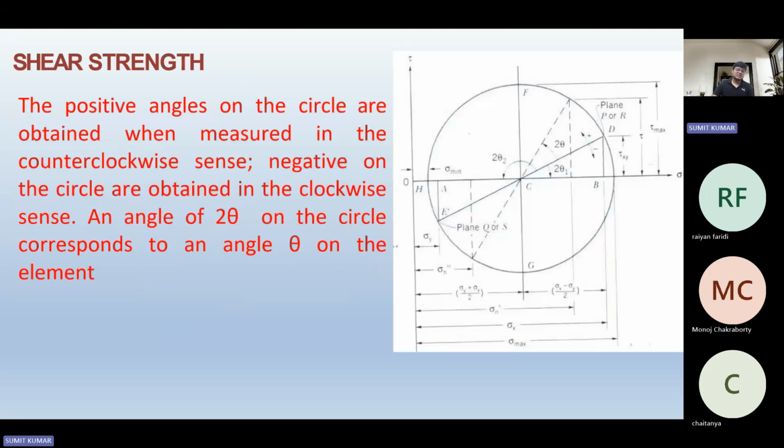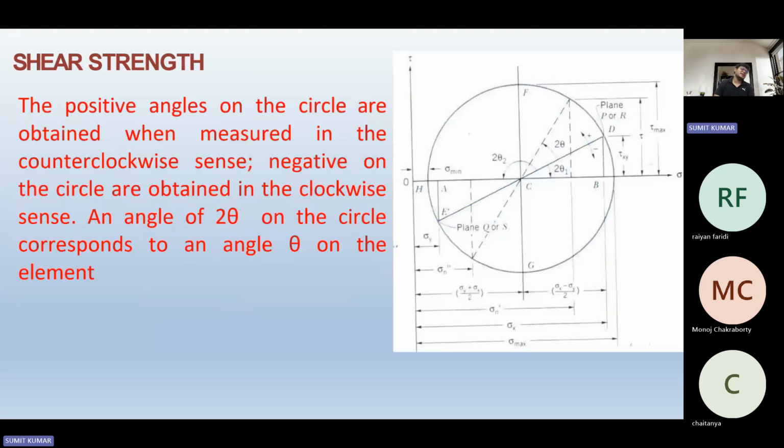Now see this concept mentioned over here, in which it says that the positive angle of the circle is obtained when measured in the counterclockwise sense. Negative angle of the circle is obtained in the clockwise sense, and the angle 2 theta on the circle corresponding to the angle theta of the element is shown over here.